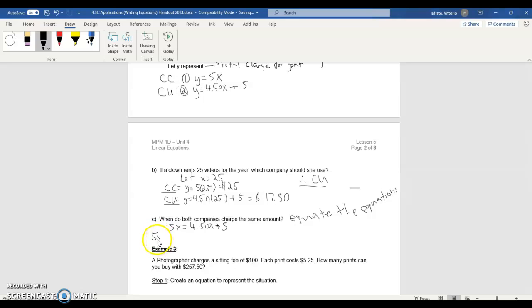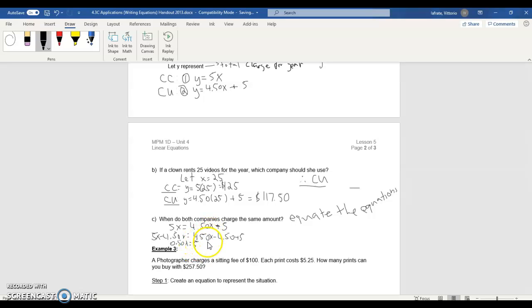So I'm going to do 5x minus 4.50x is equal to 4.50x minus 4.50x plus 5. And so here we're going to get 0.50x is equal to 5.